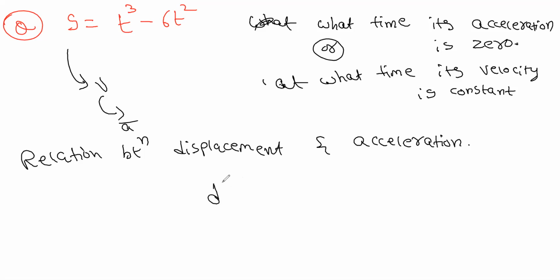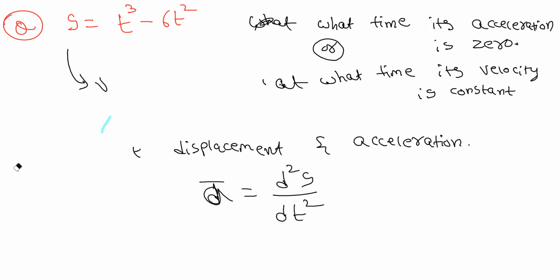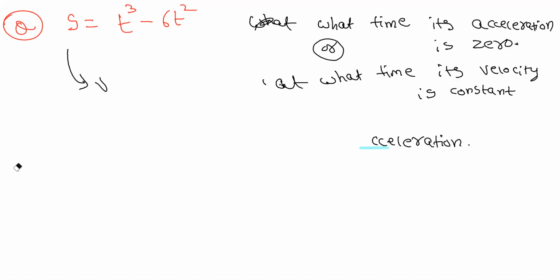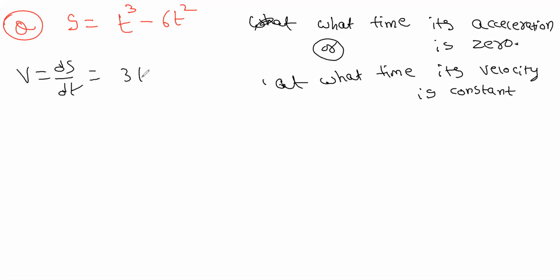Directly, acceleration is the two times differentiation of displacement. First we find velocity, then differentiate velocity again to get acceleration, and equate that to 0. Velocity ds by dt we found previously: 3t square minus 12t.